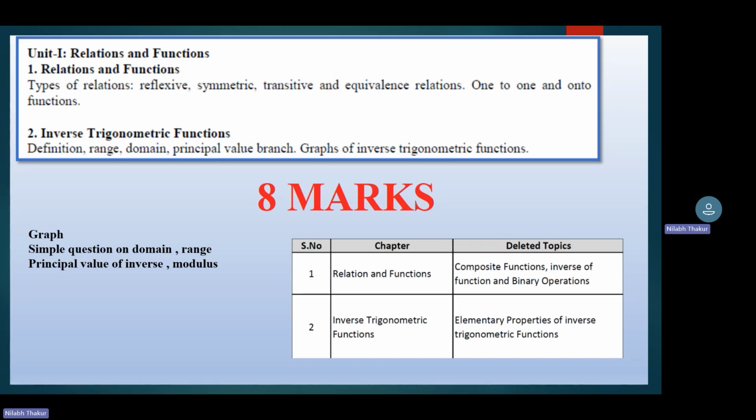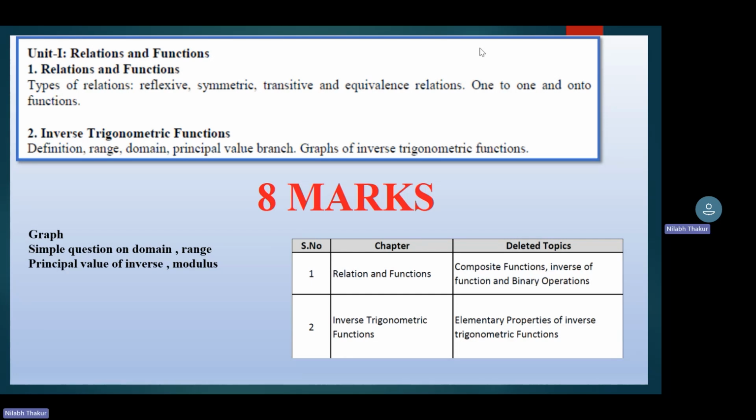In inverse trigonometry, the elementary properties like tan inverse x plus tan inverse y, sine inverse x plus sine inverse y are the deleted topics for this year. So you better know. Now coming to what you have to read in relation and function and what you have to leave.